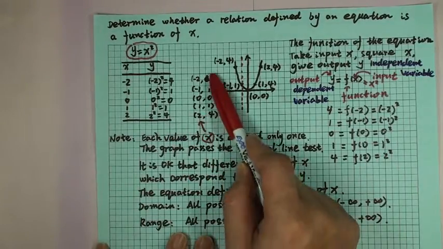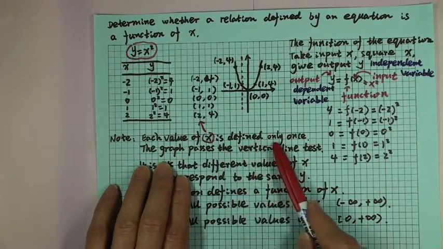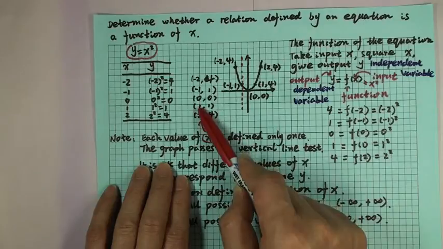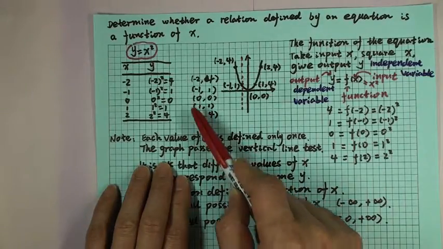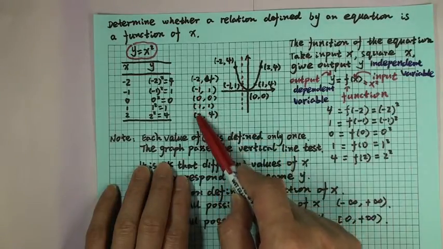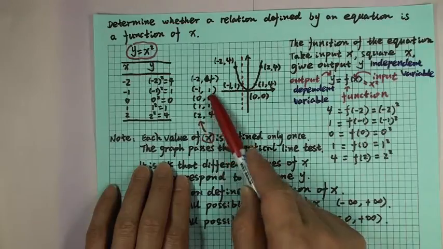From these pairs, we can see that each value of x is defined only once. When you sort based on the x from the smallest to the biggest, you can see each value is defined only once.